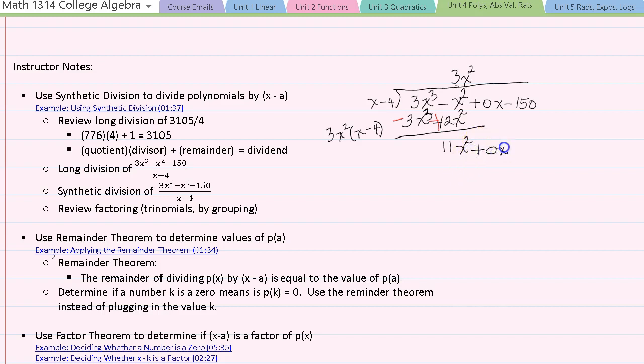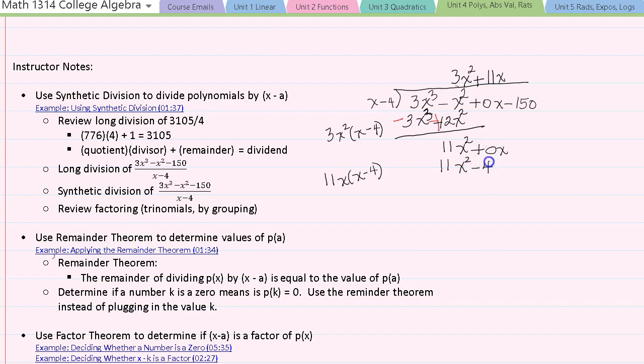X times what will give me 11x squared? This will be 11x. I write 11x in the quotient above the 0x term, then multiply 11x times x minus 4, and I get 11x squared minus 44x.